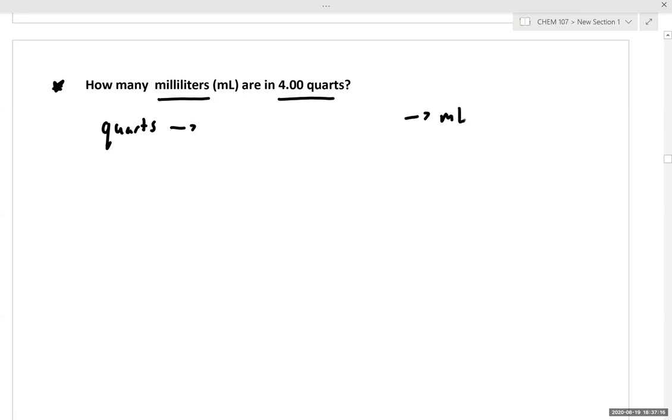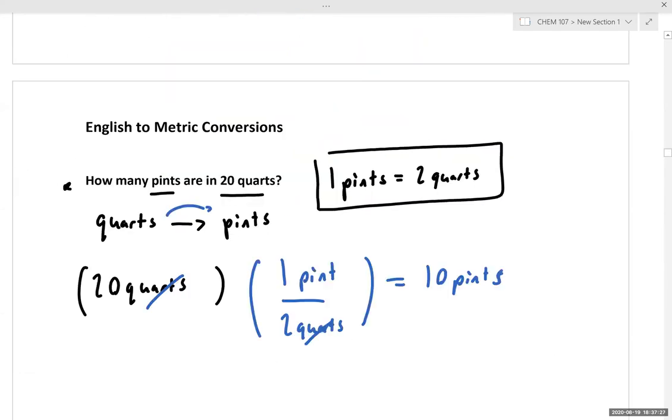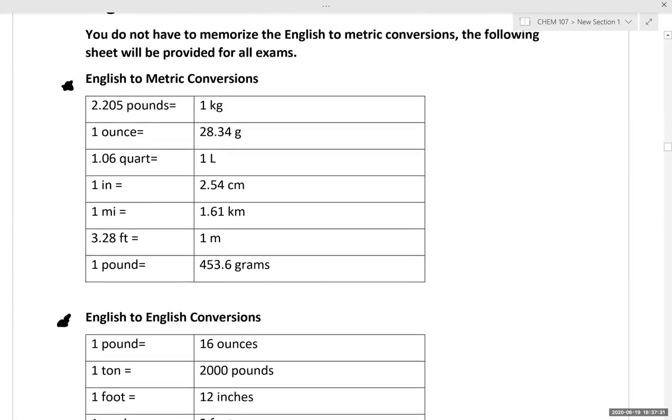So now we're going to go to our table and find as many conversion factors as possible. I'm going to look for something containing quarts and something related to milliliters. Is there an equality in this table that relates quarts and something related to milliliters?